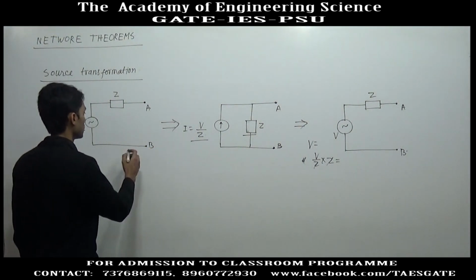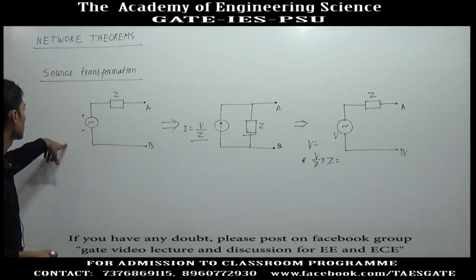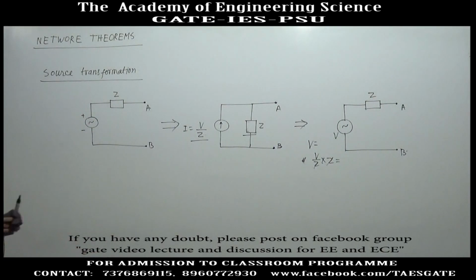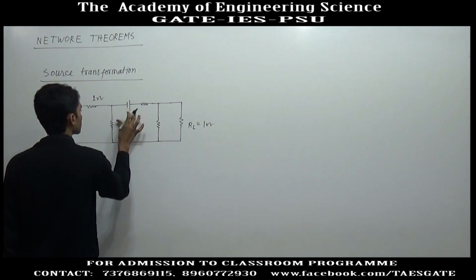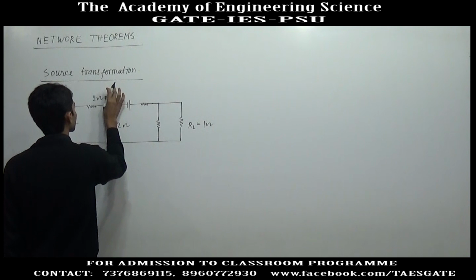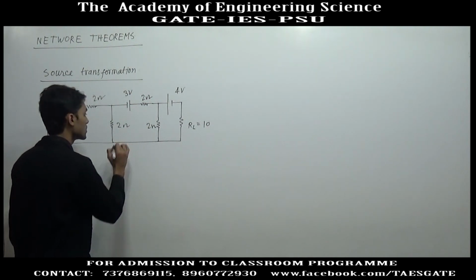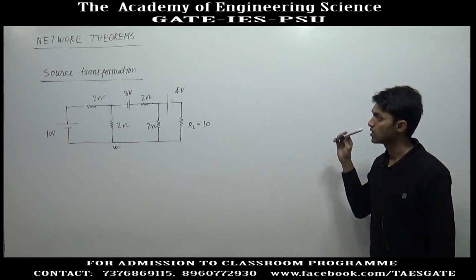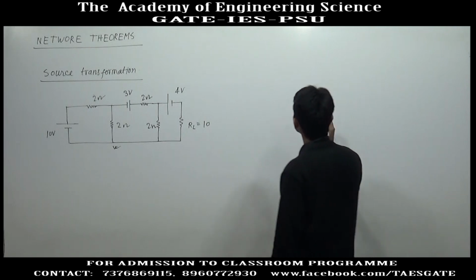So, we will first do a numerical to show how this can be used in a numerical problem. Before doing this example, we will do the example that we did in case of Thevenin theorem and Norton's theorem.